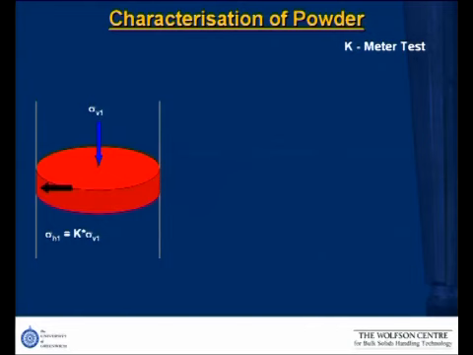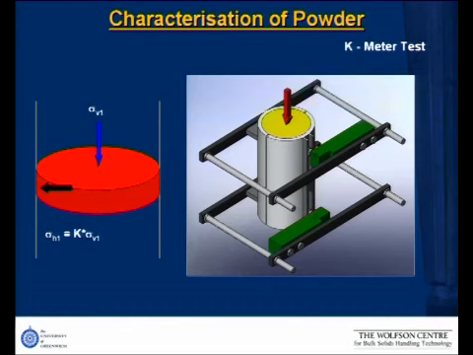Let's talk about K and the K meter. Again, it's a relation: when you apply vertical stress, you get horizontal stress. We have something called a K meter to try to get that value.